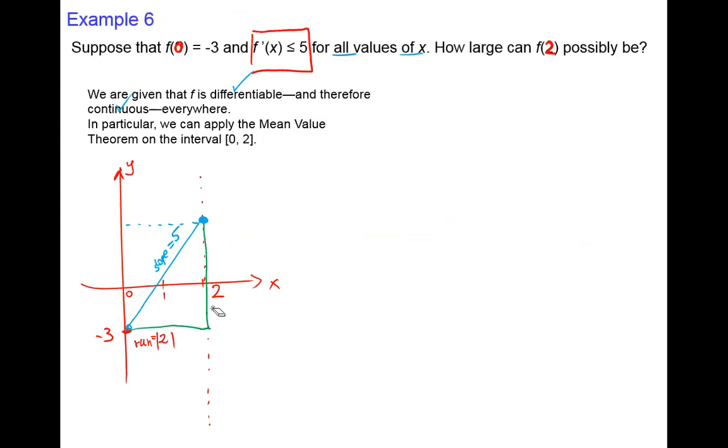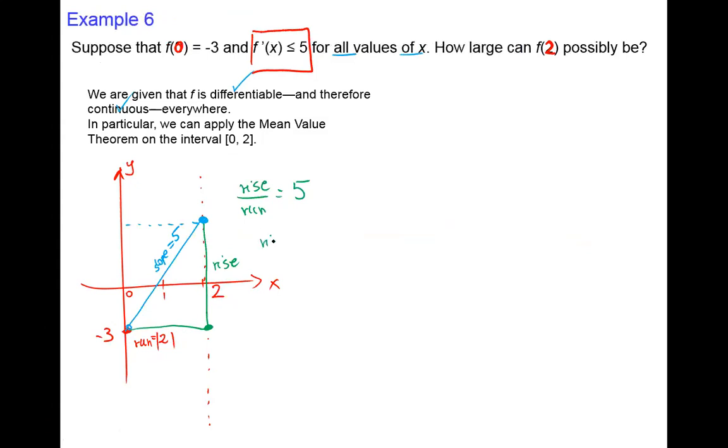What will be this distance between the blue dot and the green dot, let's say? Okay, we don't know. Let's say A. That means A over 2, which is rise. Actually, I can say just rise. I don't have to introduce another. Rise over run must be 5.